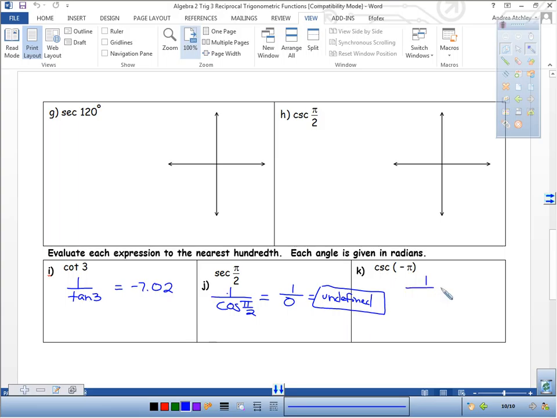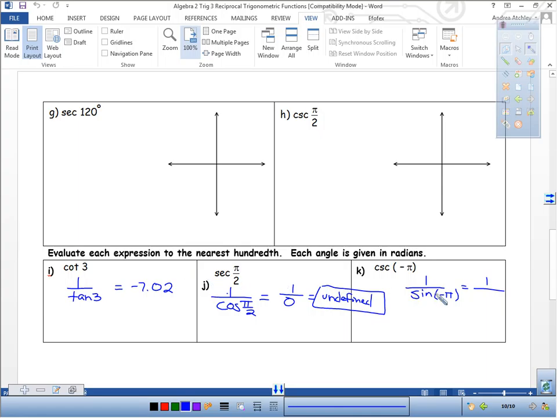What does cosecant go with? Sine. Sine of negative pi. So do the sine of negative pi. Don't do 1 divided by, because it won't work on this one either, I think.